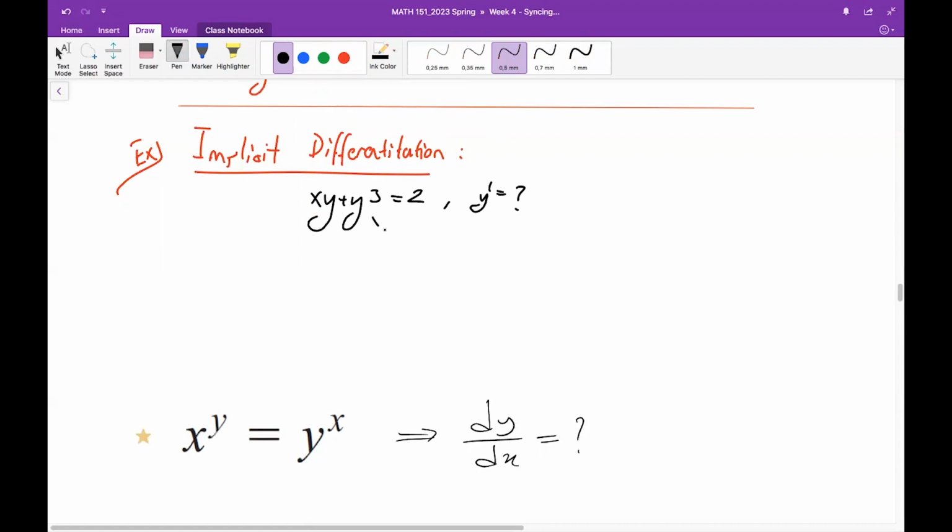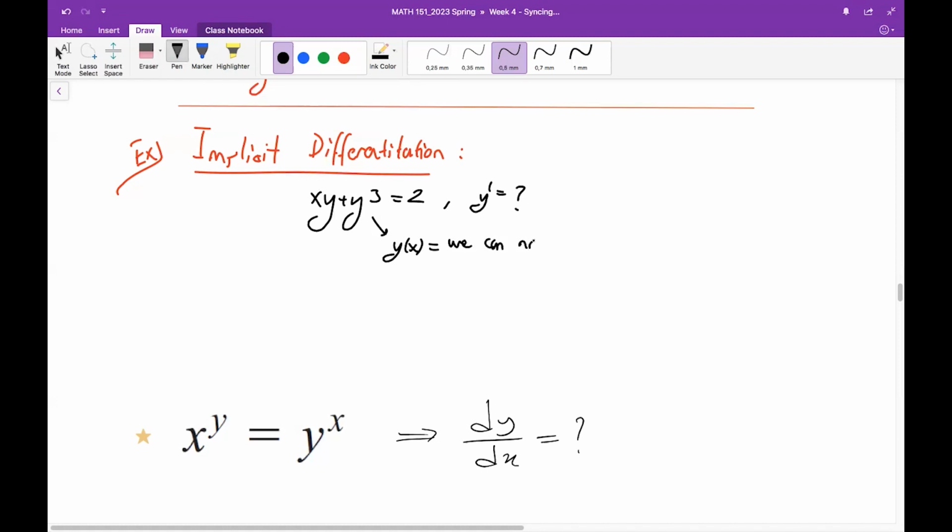My first question: is it possible to find an explicit formula for y from this equation? Can you solve it for y? The answer is no. You see, you cannot decompose the left-hand side so that you can solve for y in a suitable, convenient way.